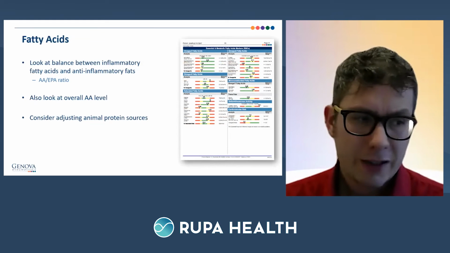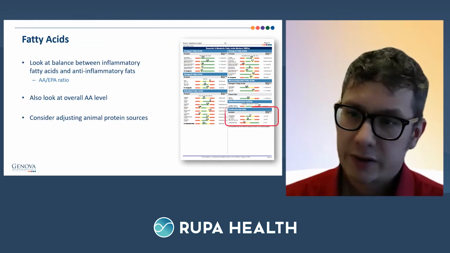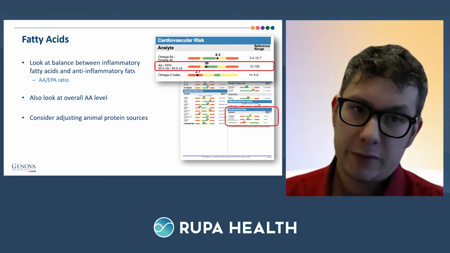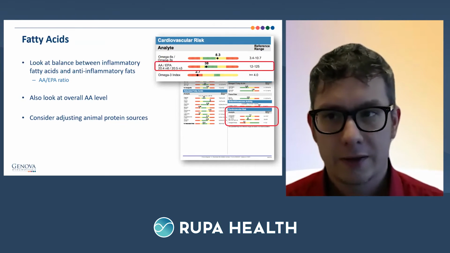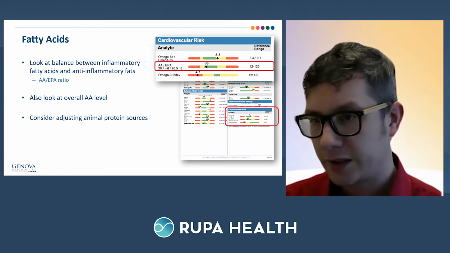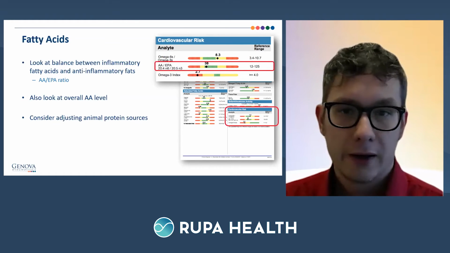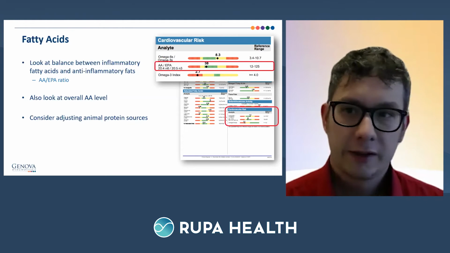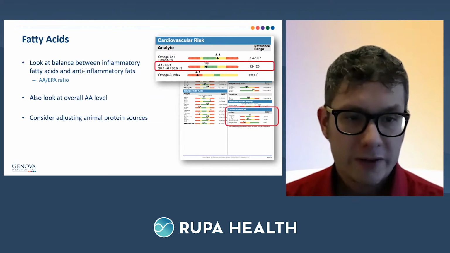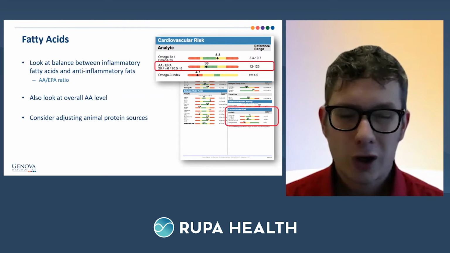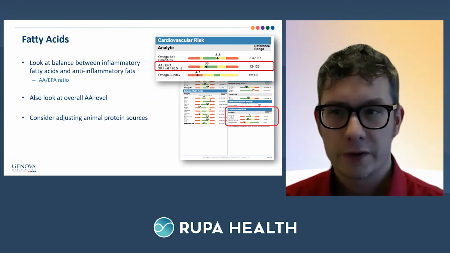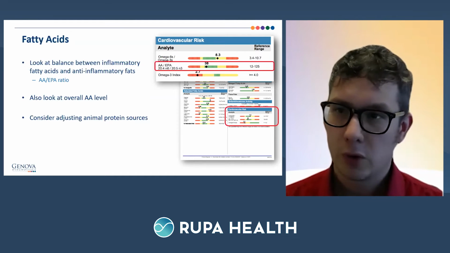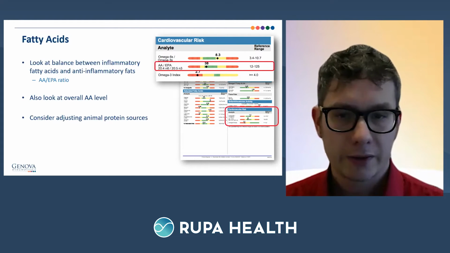With fatty acids in the ketogenic diet, I think about this balance between inflammatory fats and anti-inflammatory fats. And there's still certainly a lot of information and a lot of discussion happening right now on saturated fats, non-saturated fats, polyunsaturated fats, all these different categories, and trying to move away from this system of vilification and into a little bit more understanding about what roles these individual fats play in our diet.